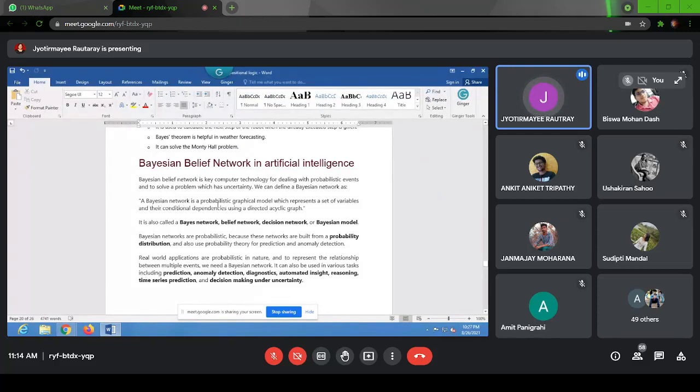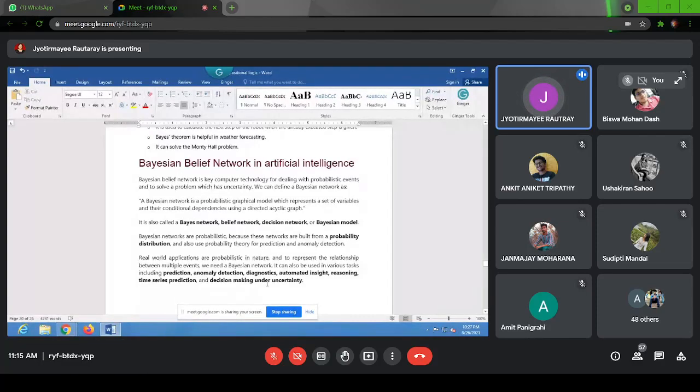A Bayesian network is a probabilistic graphical model that represents a set of variables and their conditional dependencies using a directed acyclic graph. Acyclic means that no cycle must be formed in the graph. It is also called a decision network.